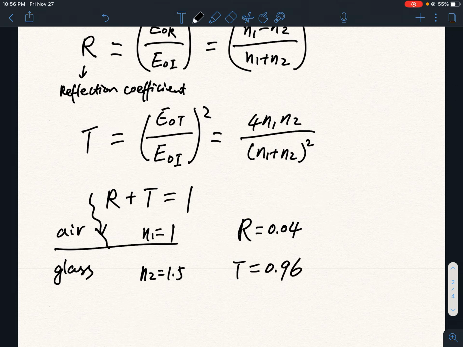Okay, so you can see that 96% of the light will be transmitted, while only 4% of the light will be reflected. So this is what you can see from this. If you learn advanced electrodynamics, there are a lot of calculations that you need to do.